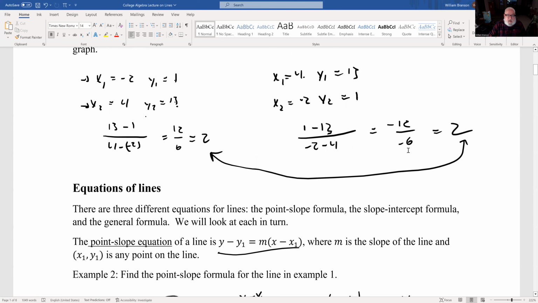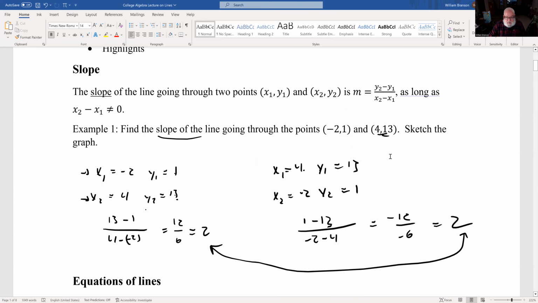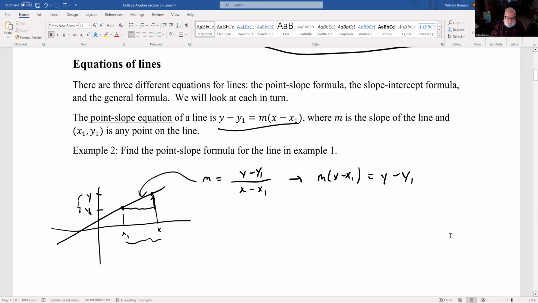So I can take either of these 2 points. I'll take the point 4, 13. And I know that m equals 2 because I calculated it above. So it gives me y minus 13 equals 2 times x minus 4.